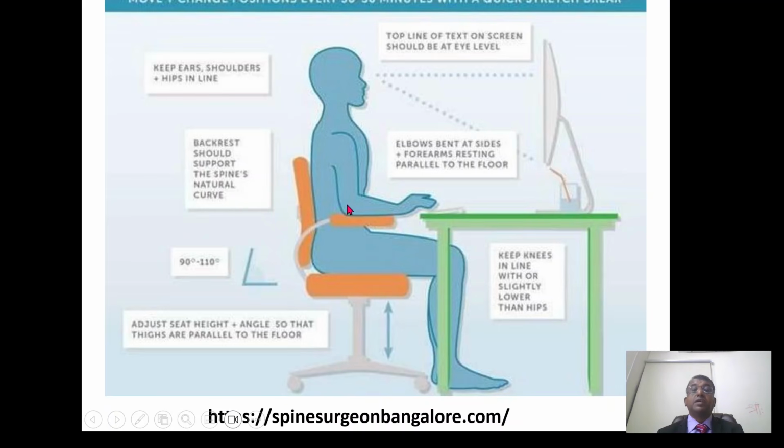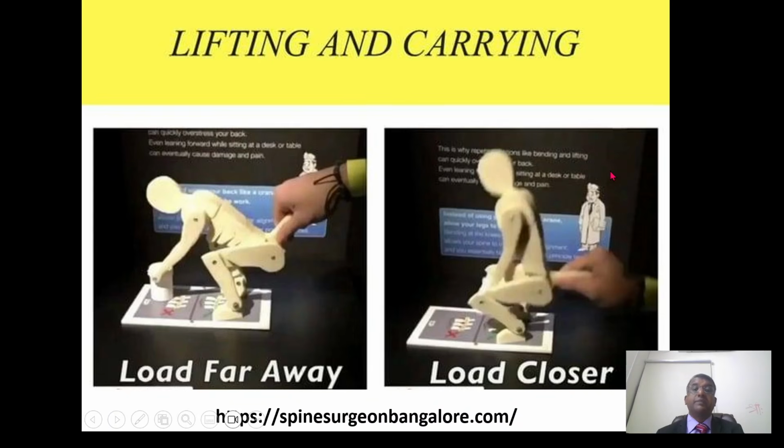The shoulders, elbows, and wrists are relaxed, with an angle close to 90 degrees at the elbow, an angle of around 90 degrees at the hips and the knee joints, and comfortable leg room below the table for the legs to relax. Even this ideal posture, if you sit in it for longer than half an hour, can also be harmful. So it is very important to take breaks every 30 to 50 minutes.